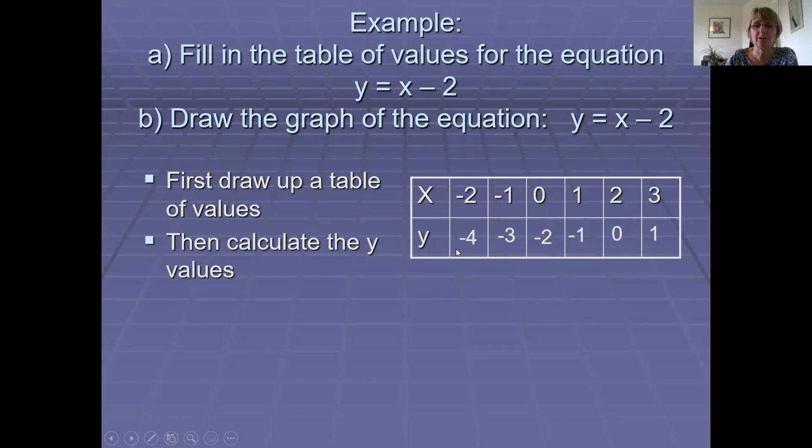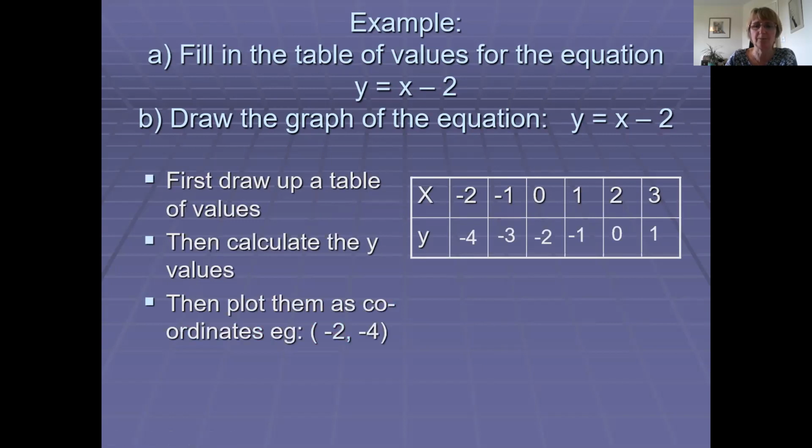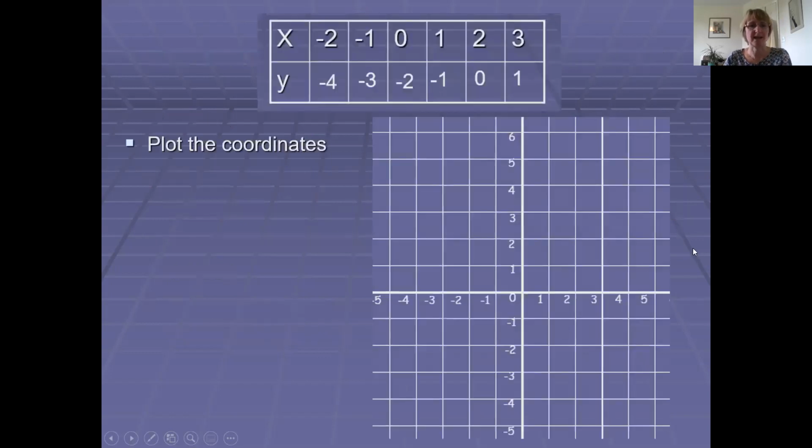Right, so you've got the table of values now. What you do is you use these as if they are coordinates. So look at this first pair of values here, minus 2, minus 4, and that is a pair of coordinates. So we're going to treat each of them as pairs of coordinates, 0, minus 2, 1, minus 1, and so on. So let's get some axes up. Okay, so let's take the first one there, minus 2, minus 4.